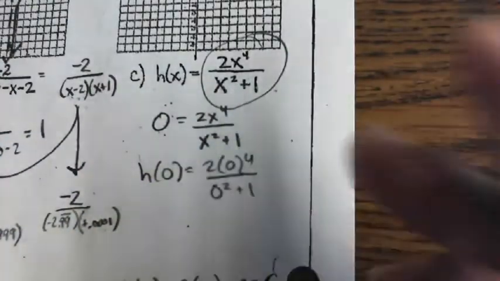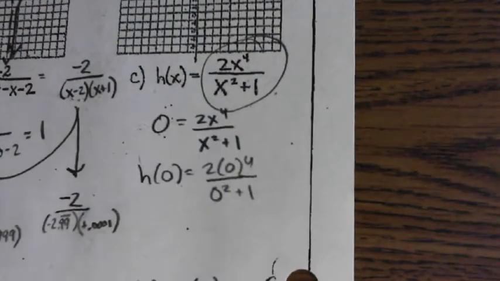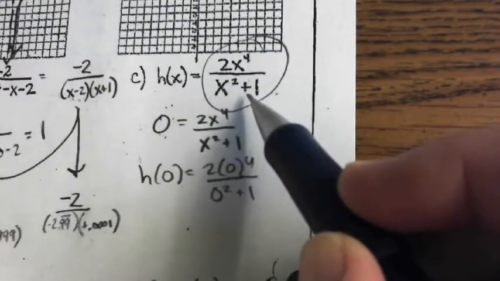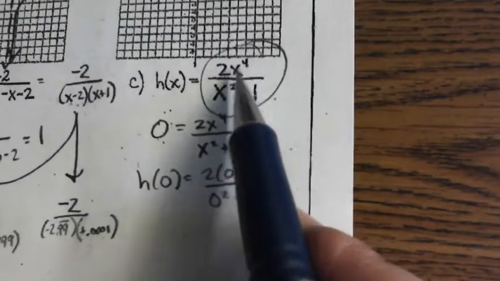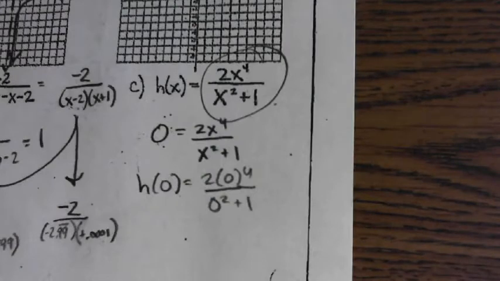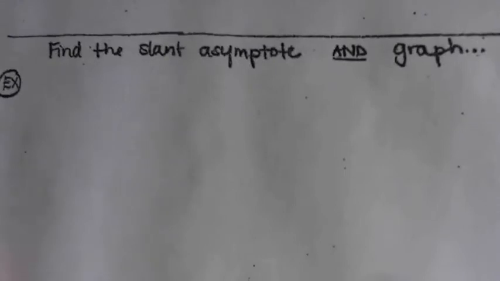We'll know if we try to simplify that, but the only way to simplify that is by doing long division. If this long division works out perfectly, we already can see an x to the fourth divided by an x squared is going to be some sort of quadratic, right? If there's no remainder and it goes in evenly, then that will be exactly what it was. But if there's a remainder, it's slightly off from the asymptote, and that's going to be called a slant asymptote.